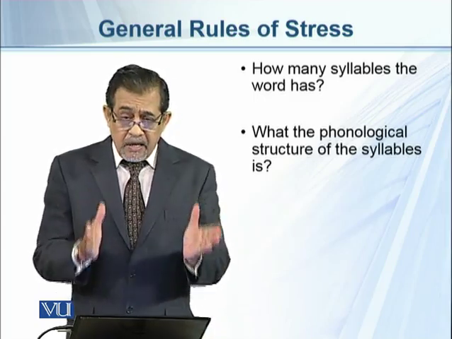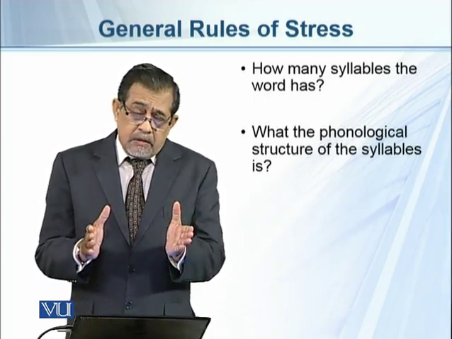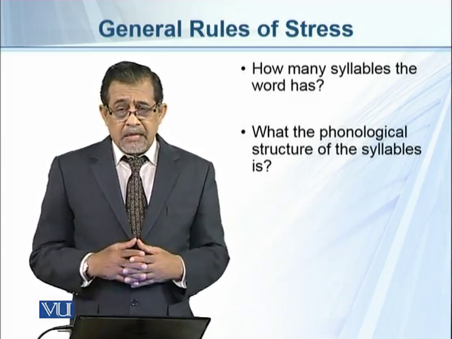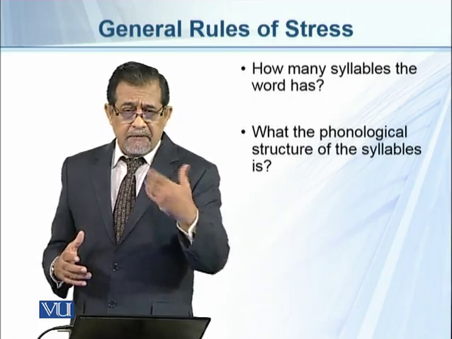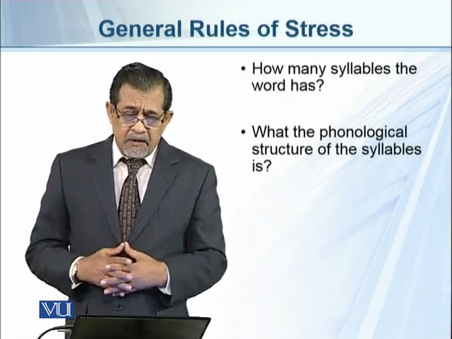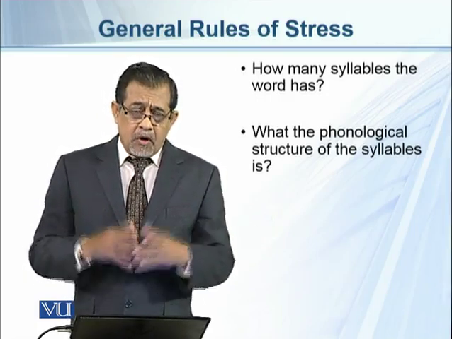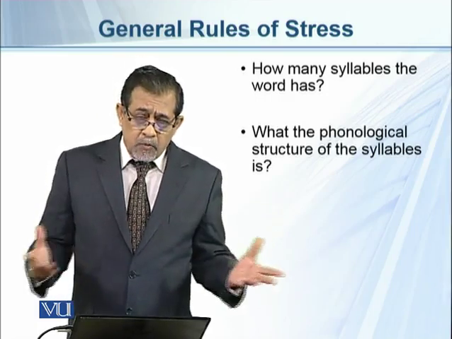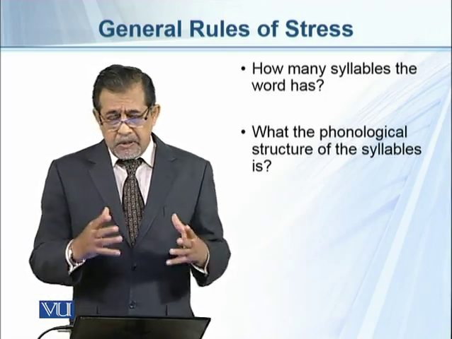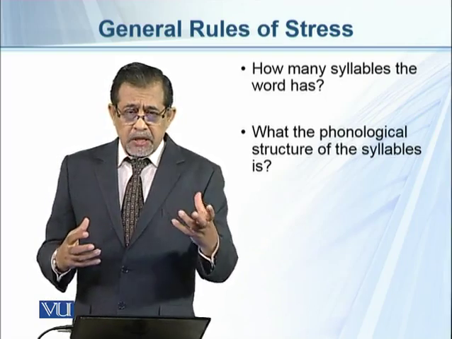So whether there are strong syllables or weak syllables. Strong syllables are the syllables which have diphthongs, but not all the diphthongs, a long vowel, or more than one consonant. So generally these syllables are considered strong syllables.